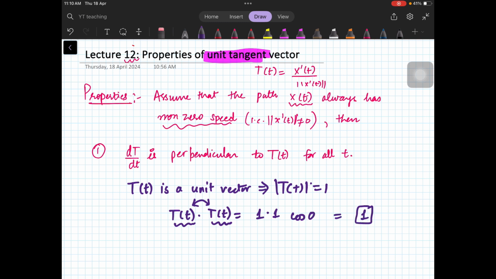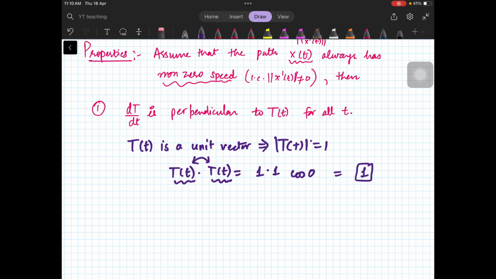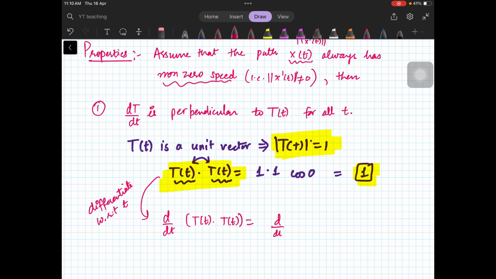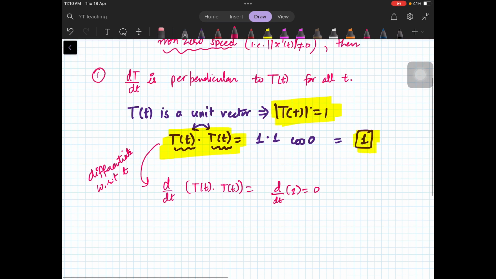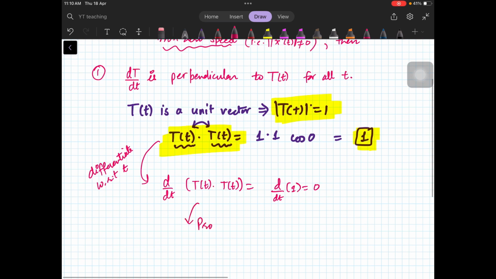Therefore we have modulus of T(t) equal to 1, and that gives us the dot product of T(t) with itself is also 1. Now if I differentiate with respect to time, you get d by dt of T(t) dot T(t) equal to the derivative of 1, which is 0.